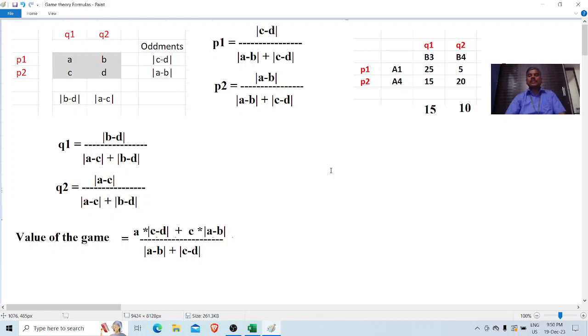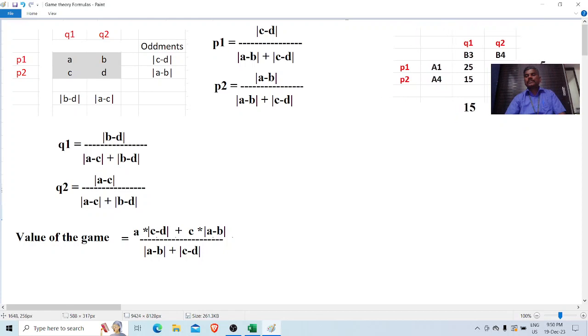Next, we will substitute these values in the formulas for P1 and P2, Q1 and Q2. We have the values. First, we will find P1. The formula is already given here.